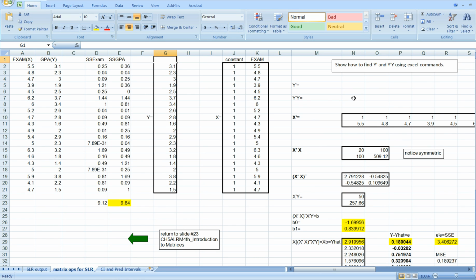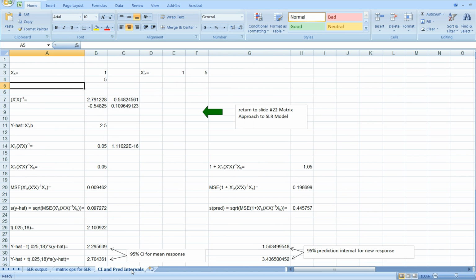Here's X transpose X inverse, here's X transpose times Y, and here are our estimates for B0 and B1 in this 2x1 matrix called B. What we want to do in this particular case is build a confidence interval estimate associated with a student who scores a 5 on the admissions test. So X sub h in this case, remember the 1, we need the 1 because of the intercept term.